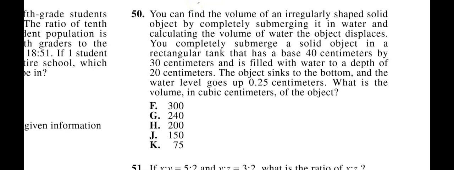Okay, so we can find the irregularly shaped solid object's volume by submerging it in water and calculating the water the object displaces. You completely submerge a solid object in a rectangular tank that has a base 40 by 30. Okay, oops, I probably should start up top.